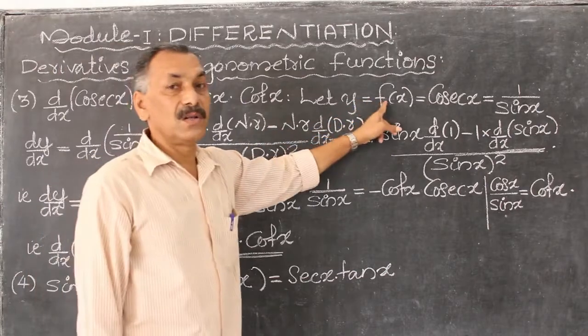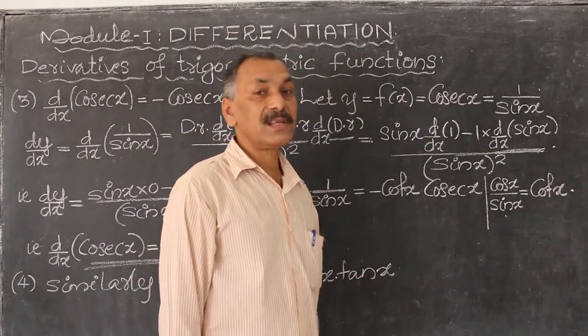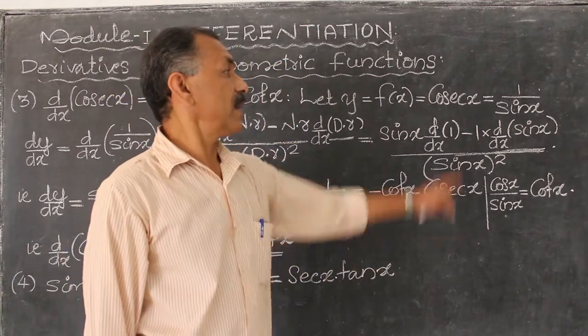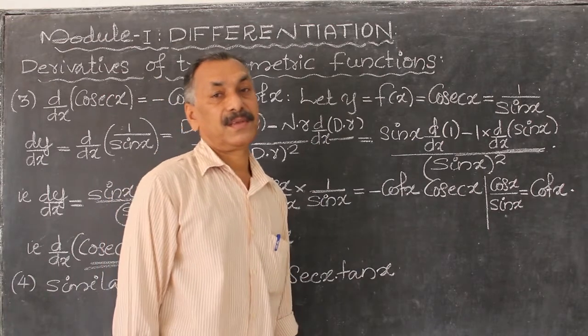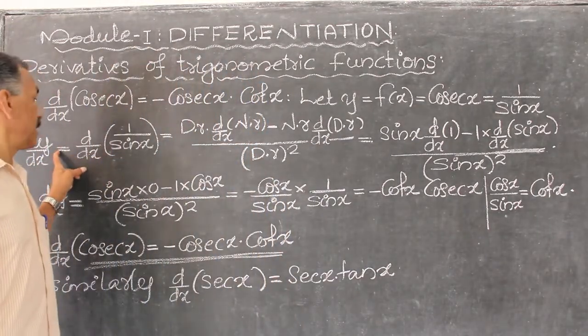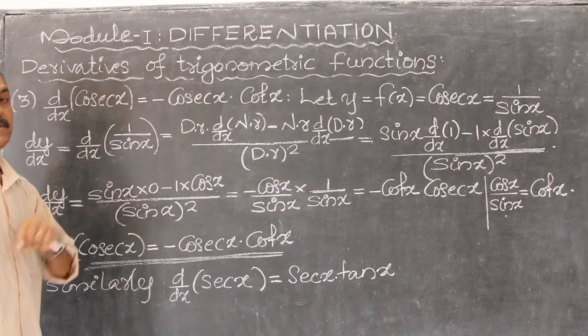Let y is equal to f of x is equal to cosecant x. What is cosecant x? Cosecant x is equal to 1 divided by sin x. Then dy by dx is the derivative of y with respect to x, d divided by dx of 1 by sin x.